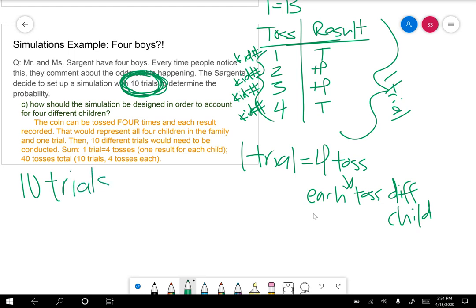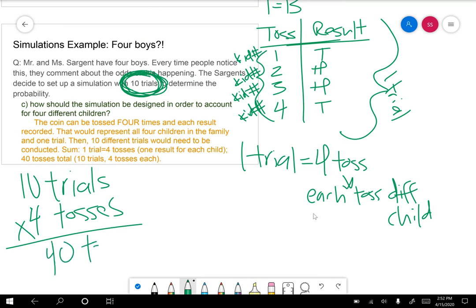So if we have 10 trials total and we know that each trial has 4 tosses, how many coin tosses are we going to have total? We are going to multiply to find out. 10 times 4 would be 40. So 40 tosses total. And that would give us the outcome for having 4 different kids that are all boys.